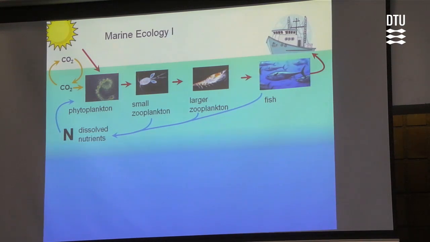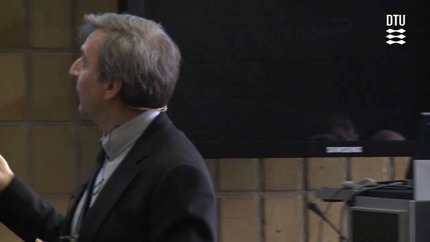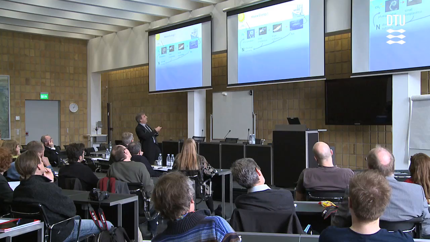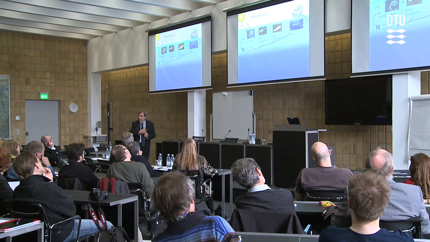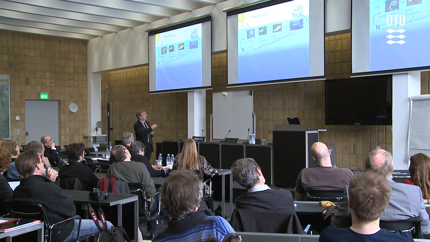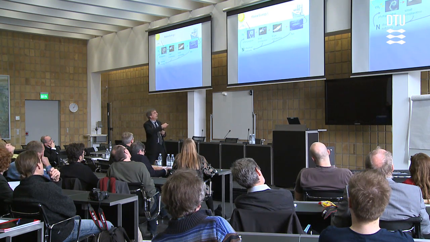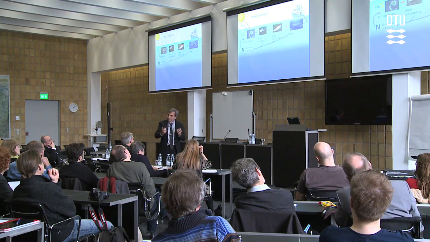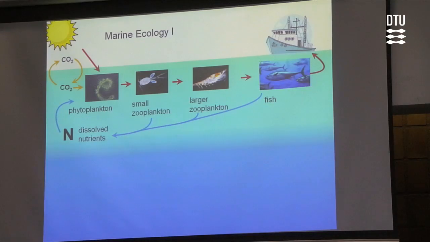Essentially, phytoplankton, the little plants in the sea, capture sunlight, and together with carbon dioxide and nutrients, they produce organic matter. And those are then eaten by the zooplankton, the main topic of this. And those zooplankton get eaten in turn by fish, and the fish are caught by fishermen and so end up on our tables. That is a very highly simplified view.